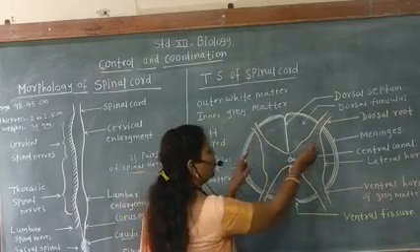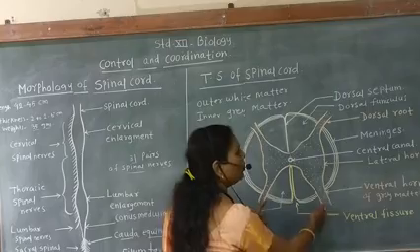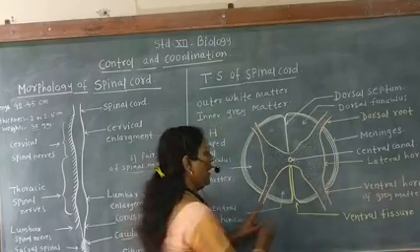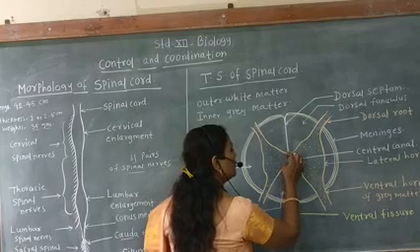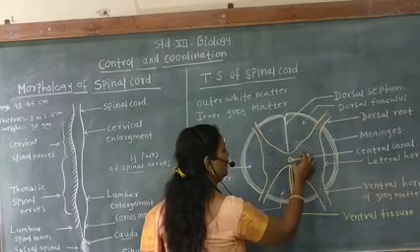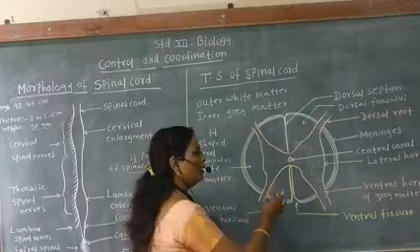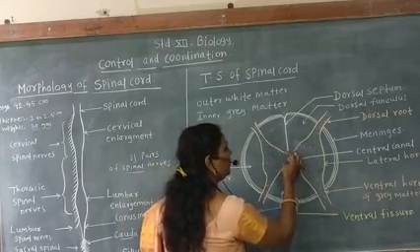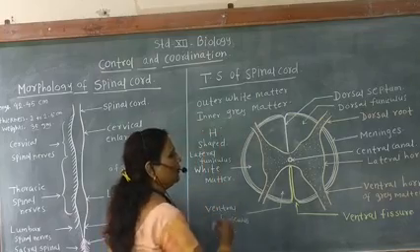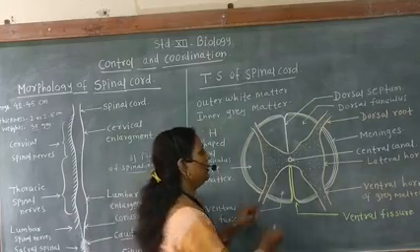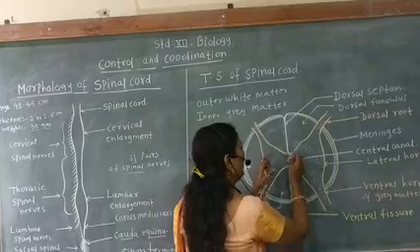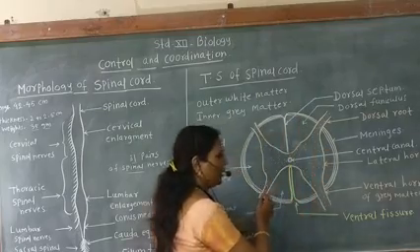It forms two dorsal horns and two ventral horns, which are connected by the transverse commissure, called the transverse commissure of grey matter. The grey matter is inside and the white matter is outside.